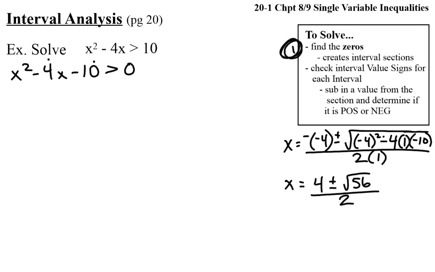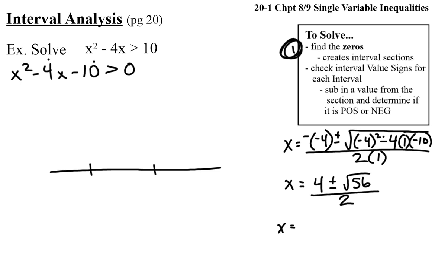Well, because we're trying to figure out our zeros, we need to try to be as specific as possible. It depends on the situation whether it asks for rounded or exact. You have to be able to do both.